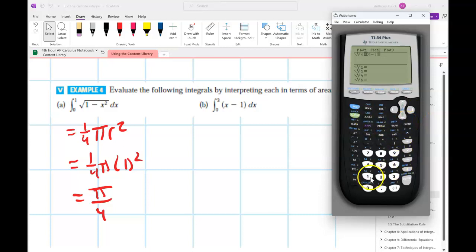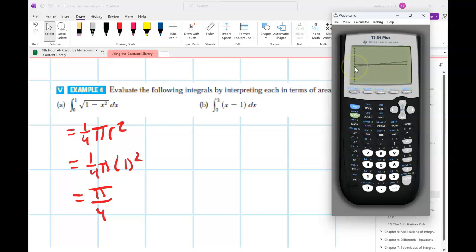So I'll do x minus 1. I'm going to change my x min to 0 and my x max to 3. And I'm going to reset my y's to negative 10 to 10. And take a look at what I got. Straight line.